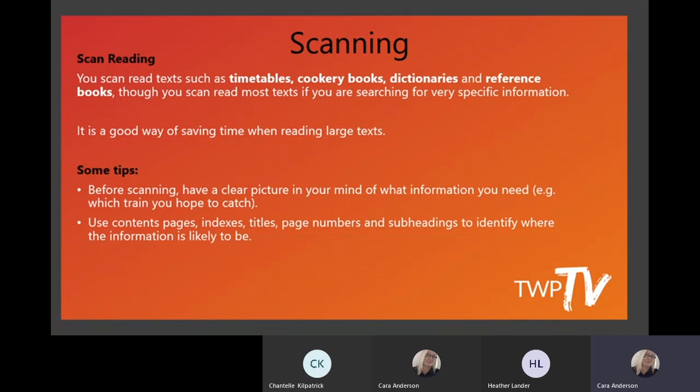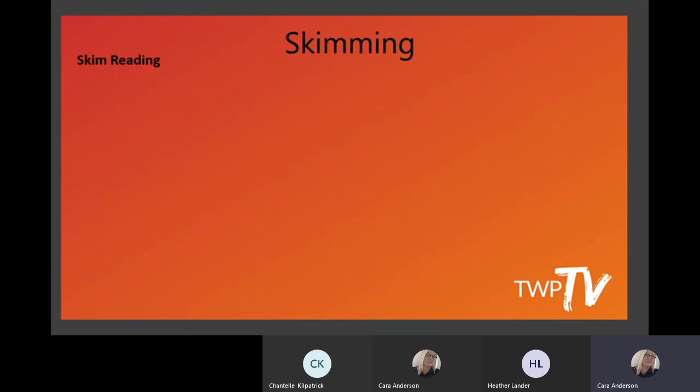Unless you don't know what you want to cook, you would maybe look in the index at chicken dishes or main meals rather than lunchtime meals and things like that. So you look for the information in an easier format rather than just flicking through it. So let your eyes search for the text, skipping over irrelevant information that you don't necessarily need, as you don't need to read every single word.